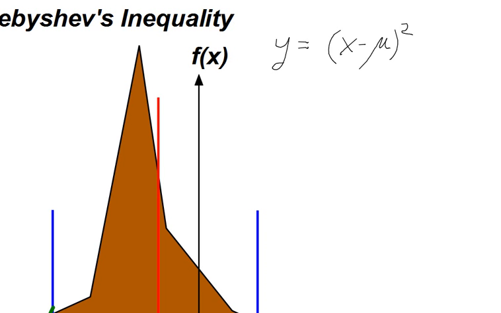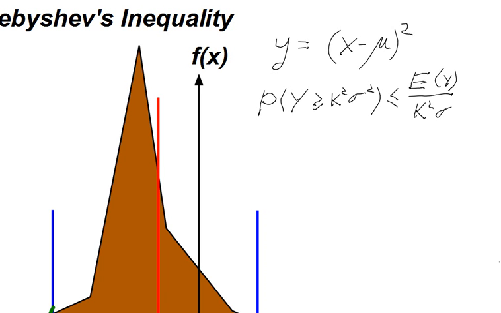Okay, so we can just write probability that Y is larger or equal to k squared sigma squared, why I chose those you'll see in a minute, is smaller or equal to E of Y divided by k squared sigma squared. This is nothing but an application of Markov bound. Okay, so now let's see what the two sides actually mean.